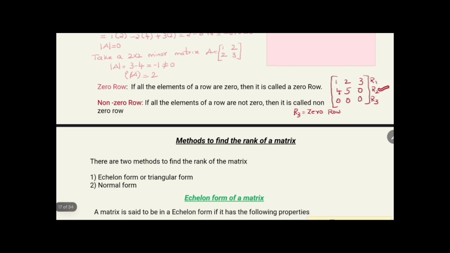Whereas coming to R2, we have 4, 5, 0. But all the elements are not 0. Only one element is 0 here. So we can say that R1 and R2 are non-zero rows. Clear, students? Non-zero rows.